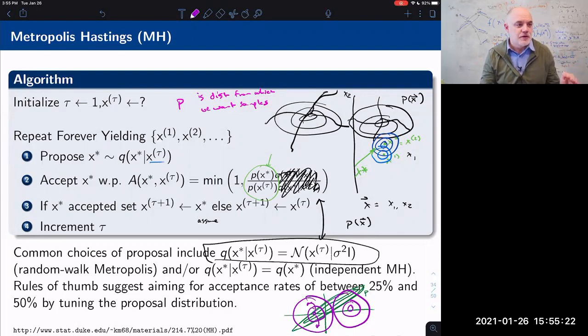What happens if we're doing Bayesian inference? So I've just got P of x here and P of x tau here. What happens if we're trying to sample from a posterior? In other words, I actually want to sample from P of x given y.